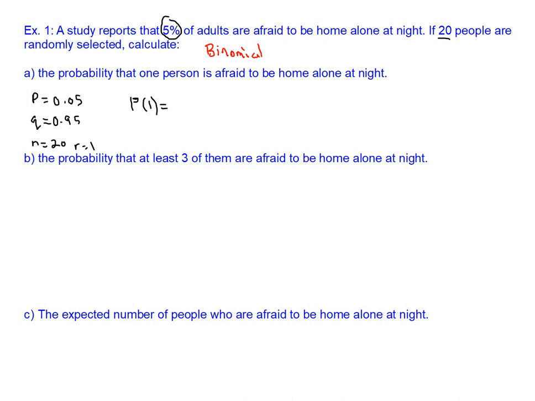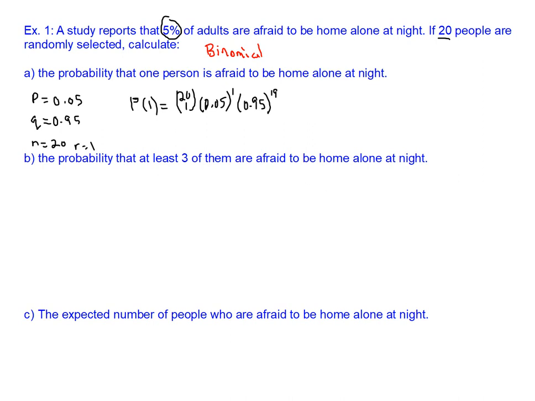So here we end up with 20 choose 1 times the probability of success, which is 0.05, to the exponent of the number of successes that we have, times 0.95 to the number of failures that we have. The failures are all the people that are not afraid to be home alone, so that must be 19.